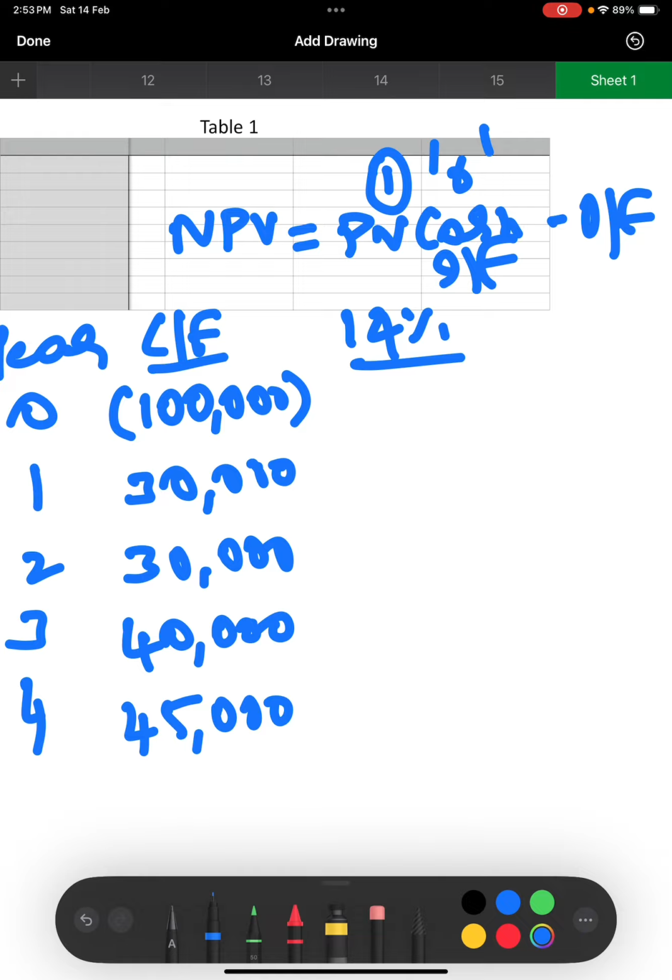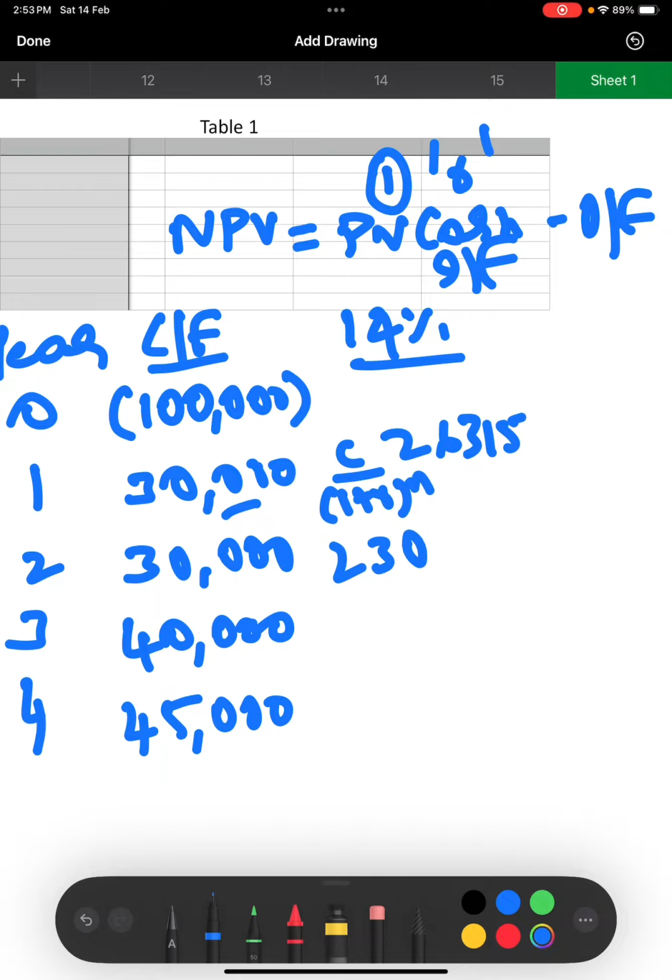So present value of cash inflow equals C divided by (1 plus R) to the power of N, right? So C is 30,000 and we have taken 14% to the power of N. So you're going to get 26,315, and then 23,084.